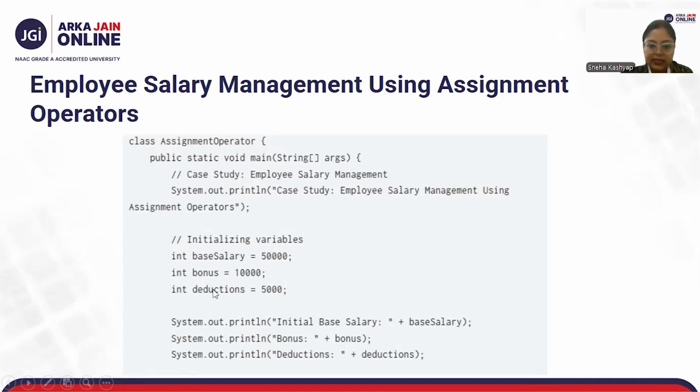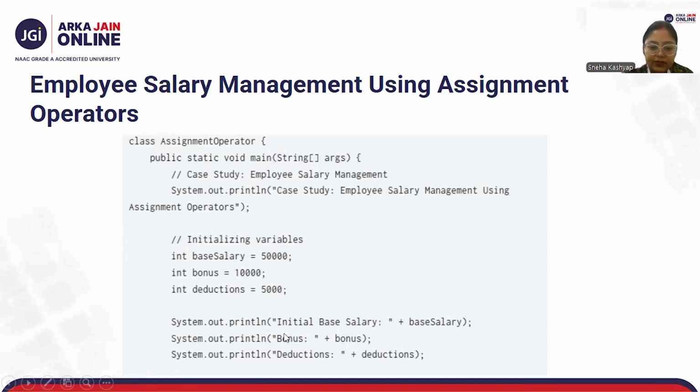First is my basic salary, which I've named base salary, followed by the bonus salary, and next is the deduction. These three are of data type integer, and the values are: the basic salary is 50,000, bonus given is 10,000, and deduction done is 5,000.